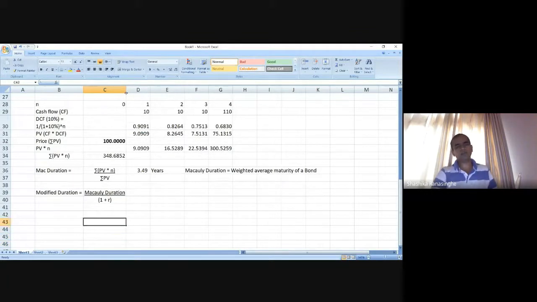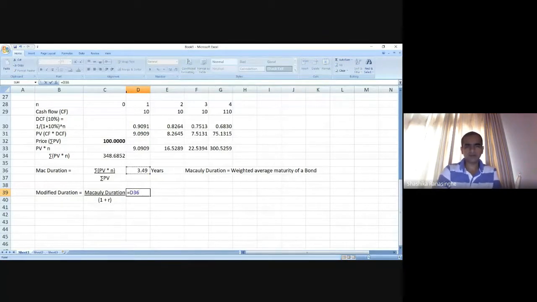Modified duration is the Macaulay duration divided by 1 plus yield. So Macaulay duration 3.49 divided by 1 plus yield gives 3.17.